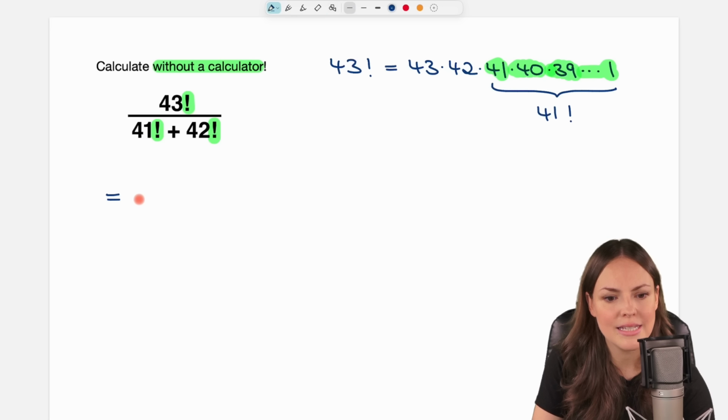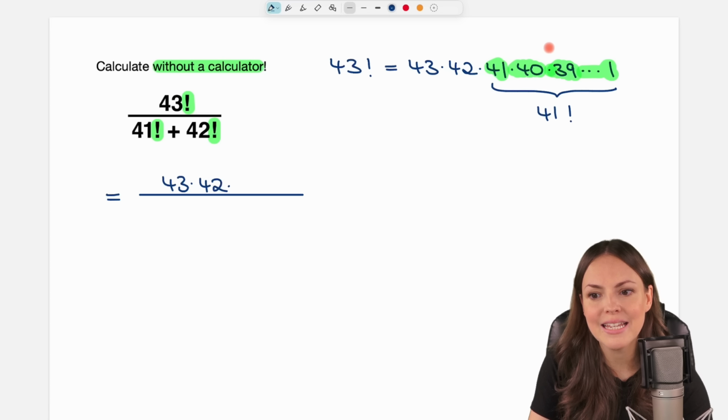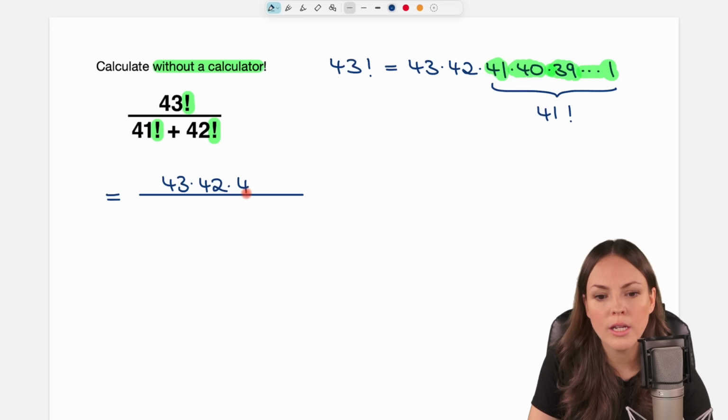Let's write this down. So the 43 factorial can be written as 43 times 42 times, and instead of this huge thing, we write this as 41 factorial. So the 41 factorial is in here. It is also down here, so I just write this 41 factorial like this here again.